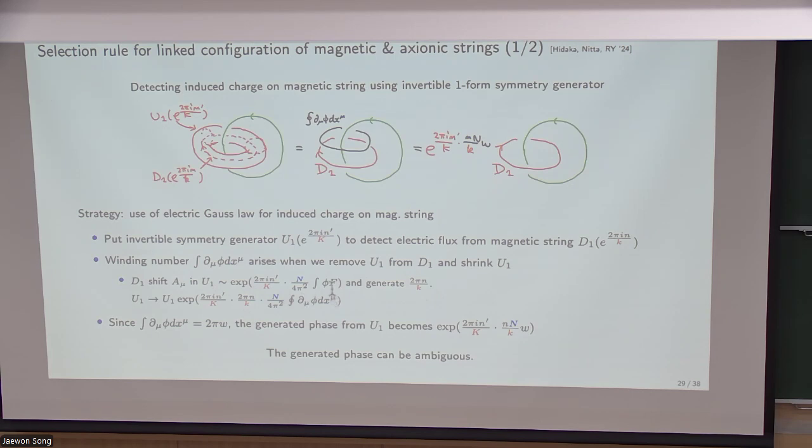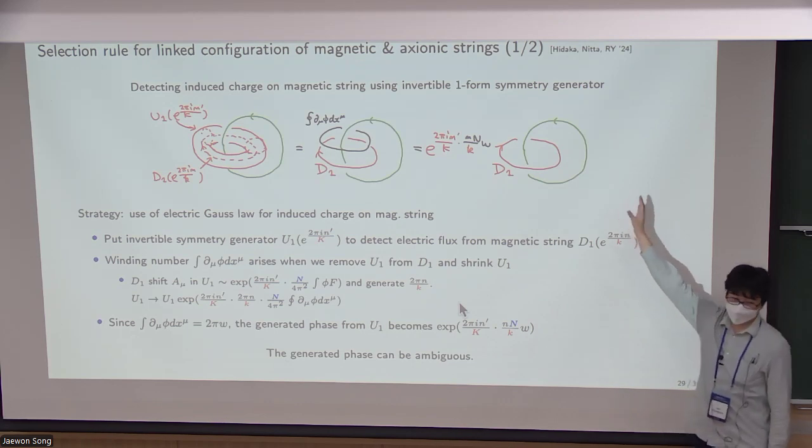The remaining ones are the axion operator and the derivative, so we have the winding number. And the winding number is given by the axionic string here. So the generated phase from the one-form symmetry generator becomes this classical value. This is the one-form symmetry transformation for this configuration.